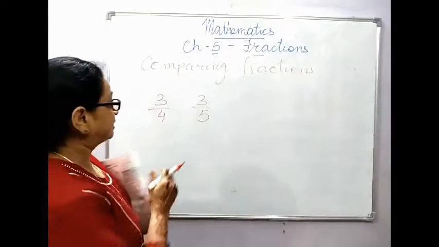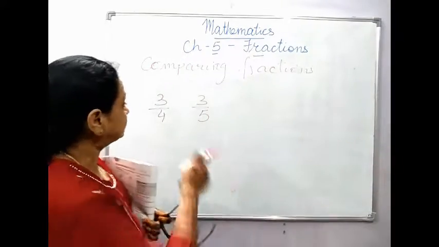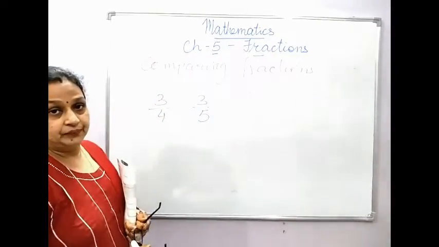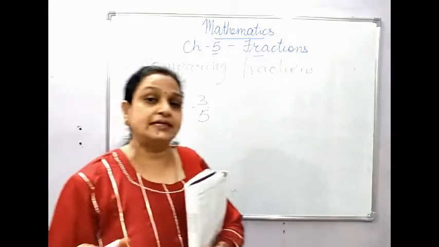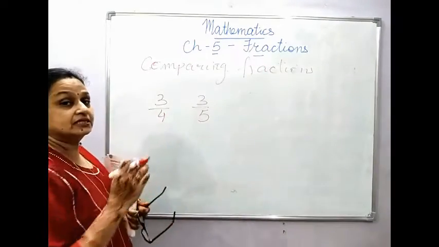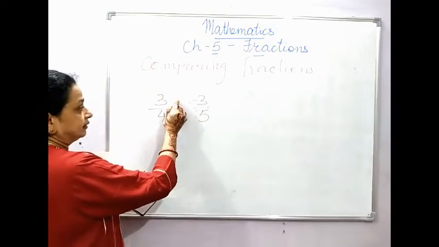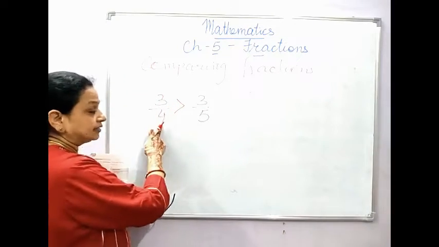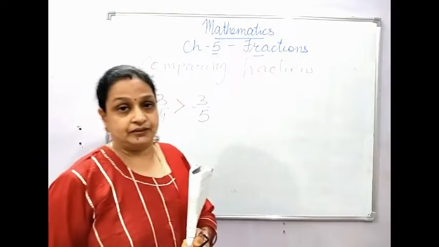These are unlike fractions because the denominators are not same. But in this, the numerators are same. Okay, so in such a case where denominator is not same but the numerators are same, the fraction with the smaller denominator will be greater.